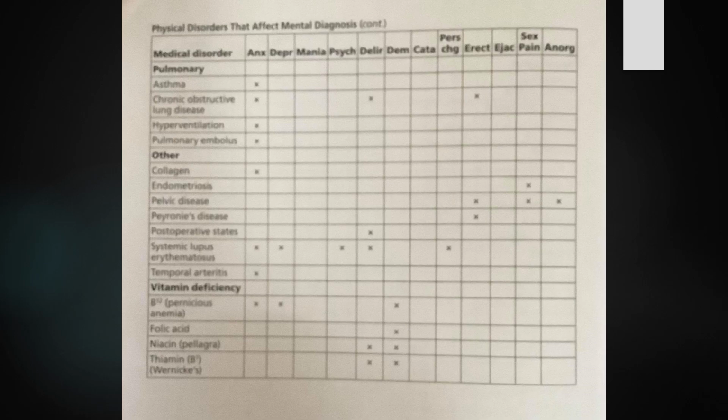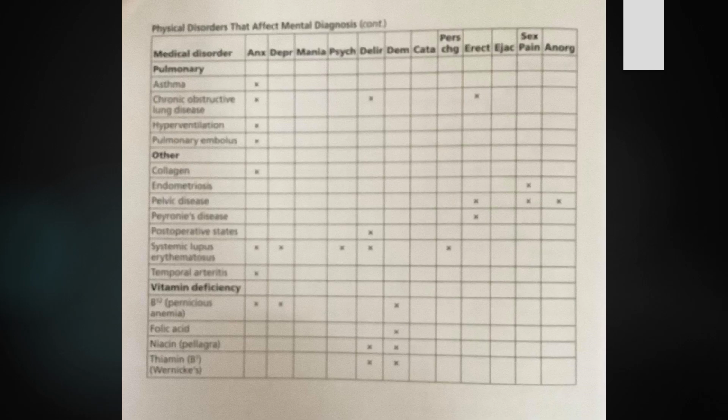Other ones include problems with the collagen, fibromyalgia, pelvic disease, Tourette's syndrome, and of course vitamin deficiency, including B vitamin deficiencies, folic acid, which is particularly a problem when a person is pregnant, niacin deficiencies, and of course other B vitamin deficiencies like thiamine.